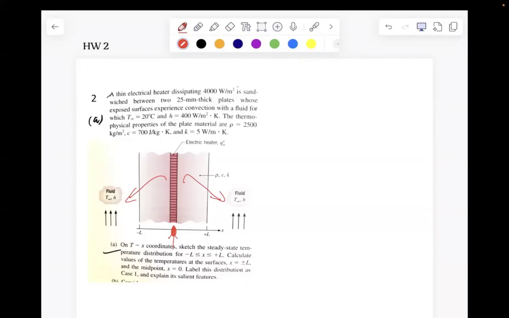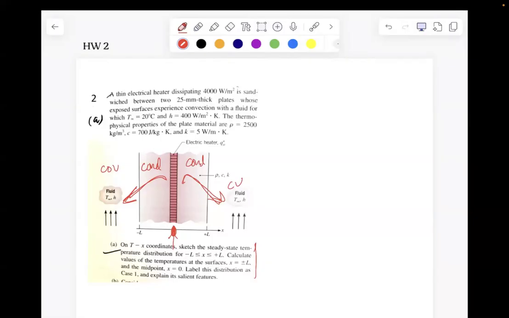It's exactly symmetrical. And if you use the thermal circuit, I think you still need it, because for the left path you will have conduction and then convection, and for the right side you also have conduction and then convection, although the left and right are exactly the same.